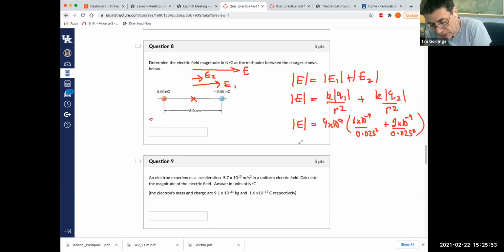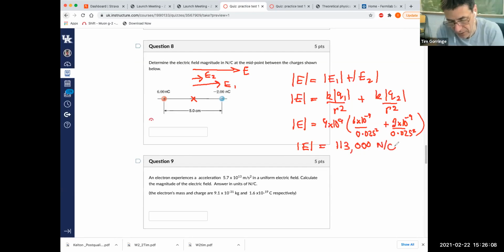And that's our equation for the electric field strength. If you calculate that, I got approximately 113,000 newtons per coulomb. So that's the answer to that question.